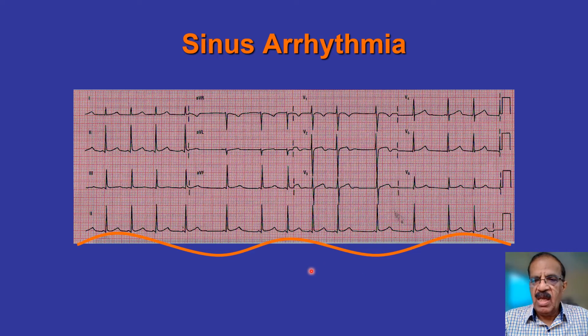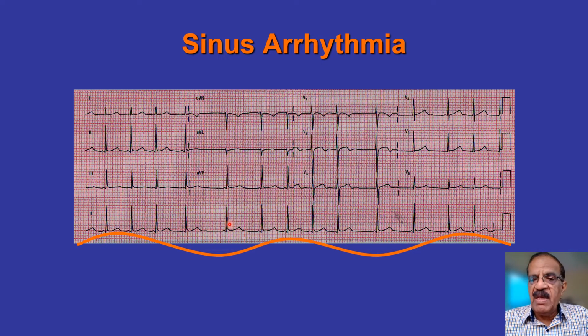Sinus arrhythmia. If this variation is less than 10%, that means the fastest heart rate here and the slowest heart rate here are not different by more than 10%, it would be considered normal. And if the difference is more than 10%, it would be called sinus arrhythmia.